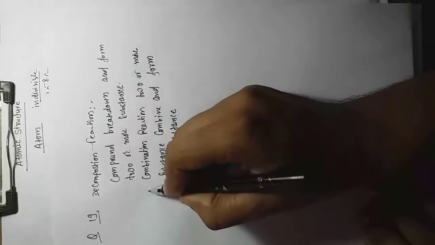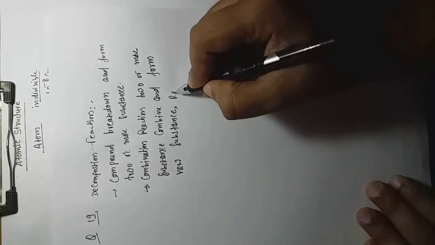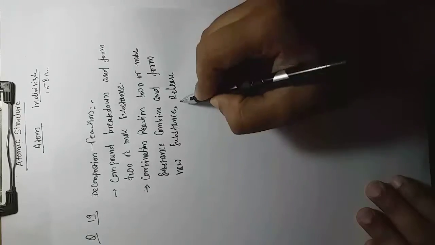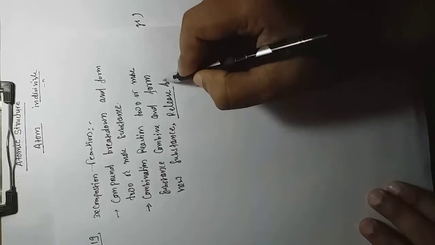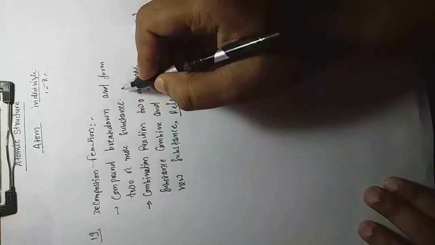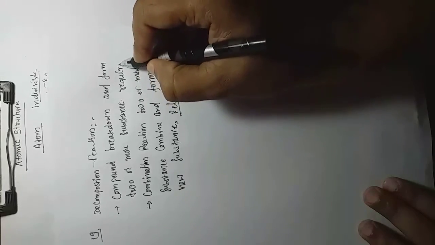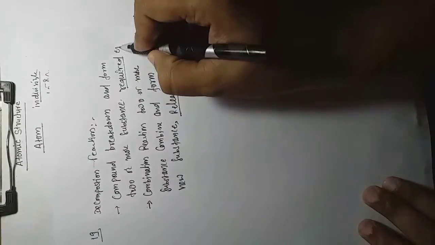In a combination reaction, two or more substances react with each other and form a new substance, and energy is released. Release of energy takes place, but in the first case there is a requirement of energy. It gains energy.